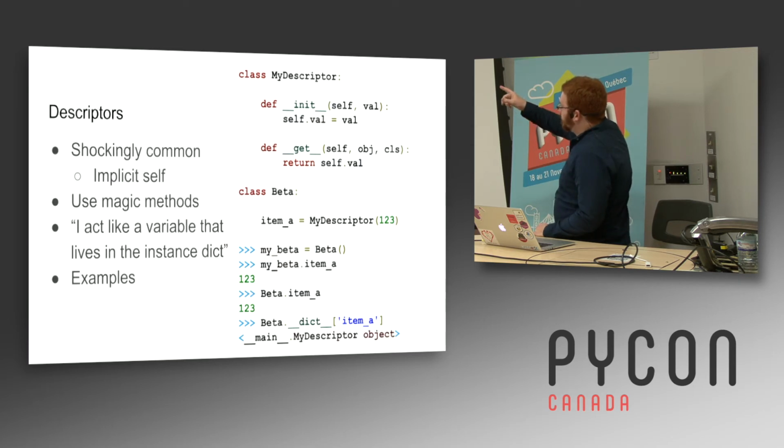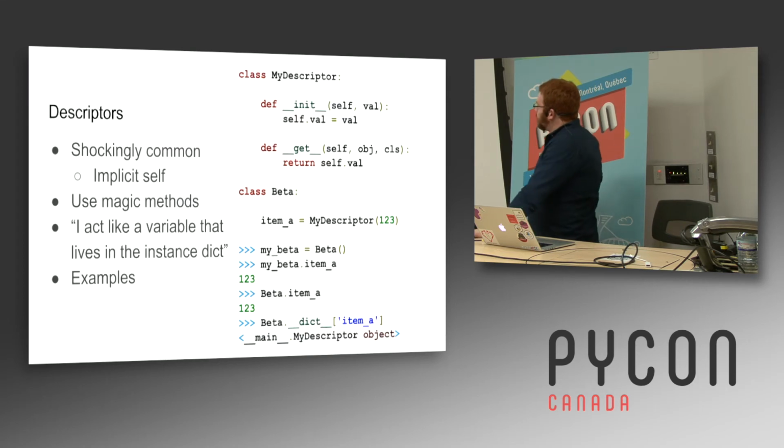So we set up class beta, and we're saying that item A equals an instance of my descriptor, passing in 1, 2, 3 as the first argument. So if we do my beta equals an instance of beta, and we say my beta.item A, we'll get 1, 2, 3. And if we do beta, the class.item A, it's 1, 2, 3.